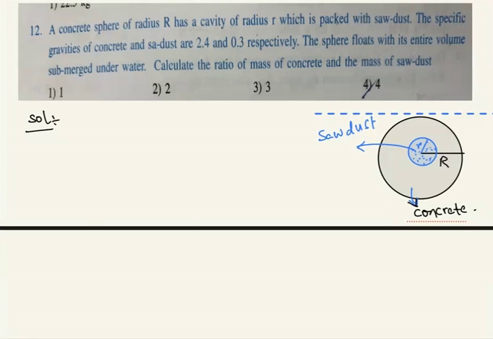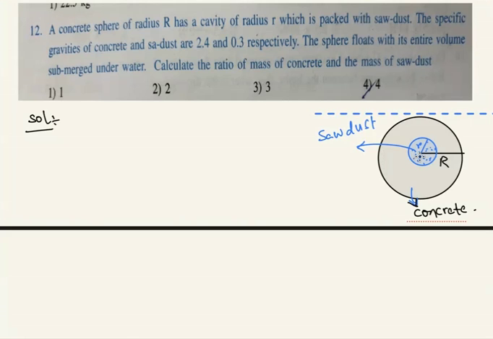Right? Now, specific gravities are given, that is 2.4 and 0.3 respectively. The sphere floats with the entire volume submerged underwater. Calculate the ratio of mass of concrete to mass of sawdust.